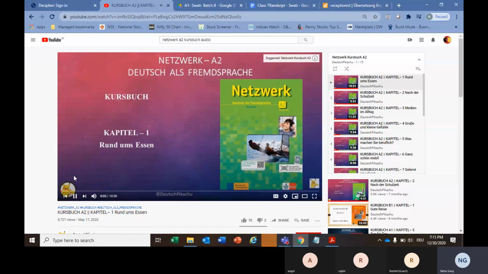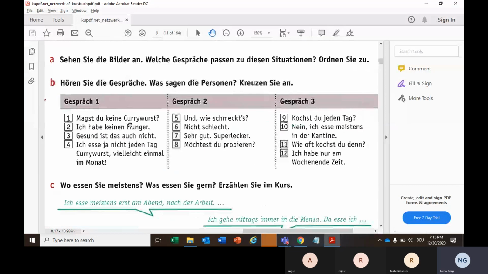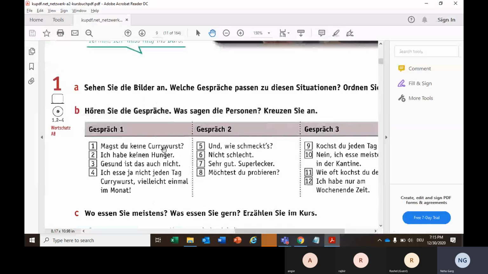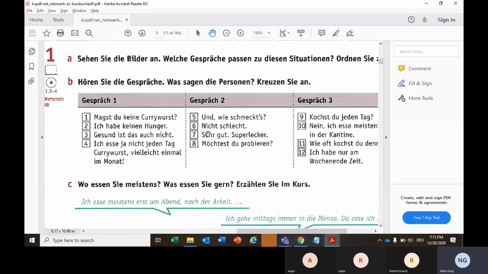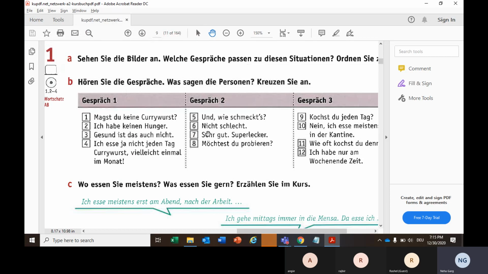Als Fremdsprache. Paul, Kapitel 1. Rund ums Essen. Aufgabe 1b. Gespräch 1. Ich nehme eine Currywurst. Und du? Ich trinke nur was. Magst du keine Currywurst? Nein, das ist zu fett. Ich mag das nicht. Gesund ist das auch nicht. Ja, das kann schon sein. Ich esse ja nicht jeden Tag Currywurst.